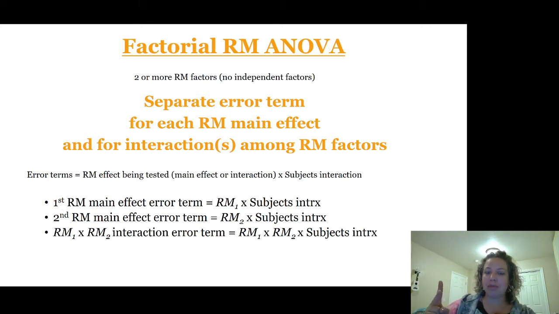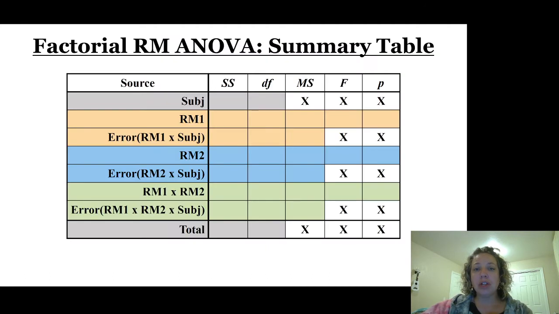The second repeated measure, which is formulation, gets the formulation by subject interaction term. And if we want to look at the interaction between drug and formulation, it would have a third error term. So when we look at the summary table for these ANOVAs, it's going to have 3 parts. It's going to have at least 6 important lines in the full table.